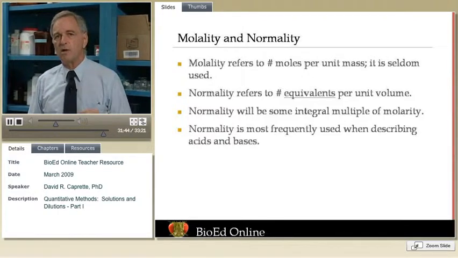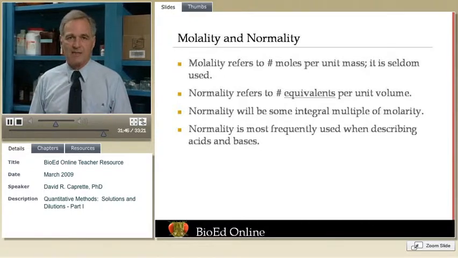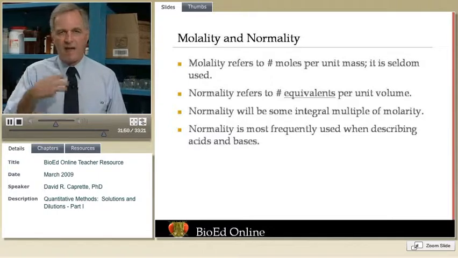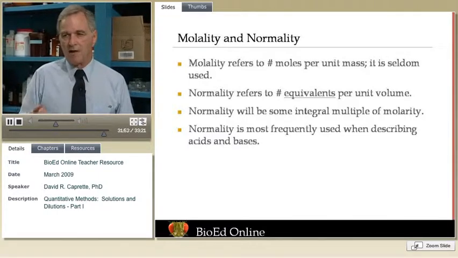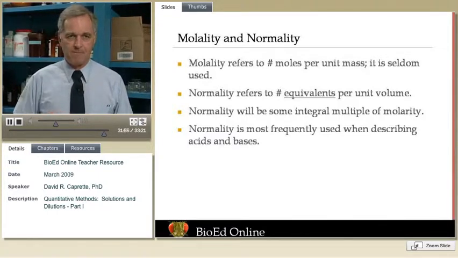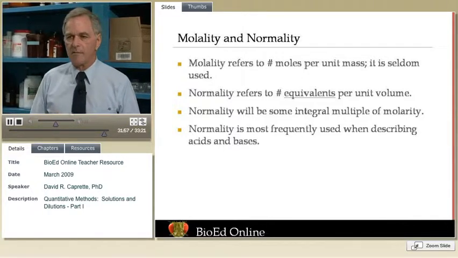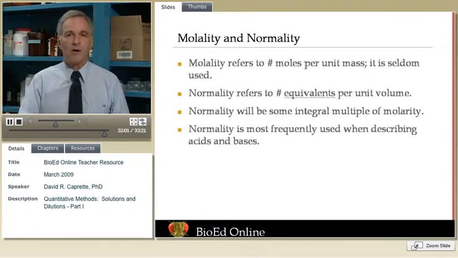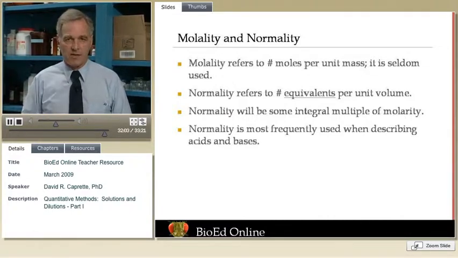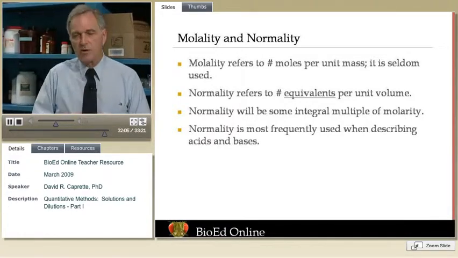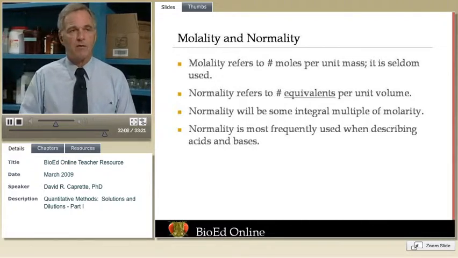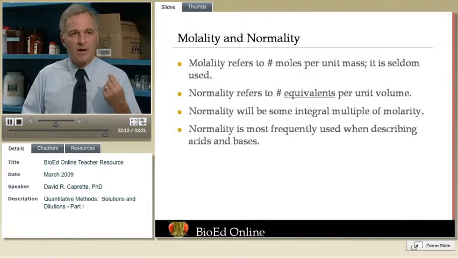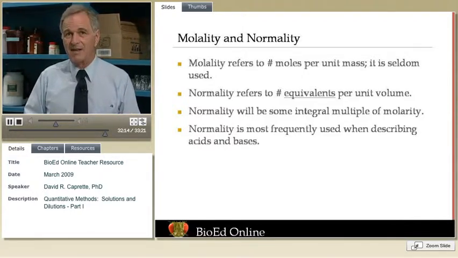Normality is something you will see, particularly when working with acids and bases. Normality refers to the number of reactants in a compound relative to a final product. And it's usually used when we're talking about bases such as sodium hydroxide, acids such as hydrochloric acid or sulfuric acid. When we talk about normality, we talk about number of equivalents per unit volume. For example, or actually moles of reactants.